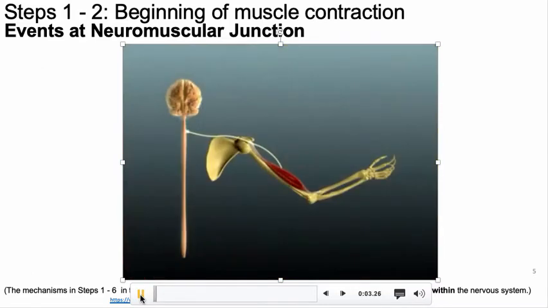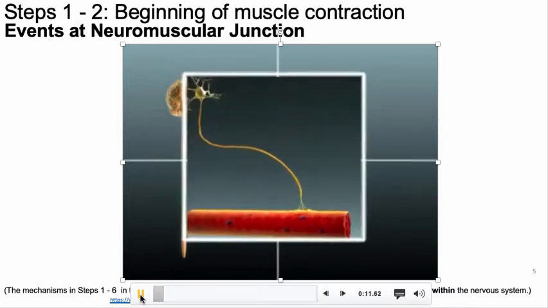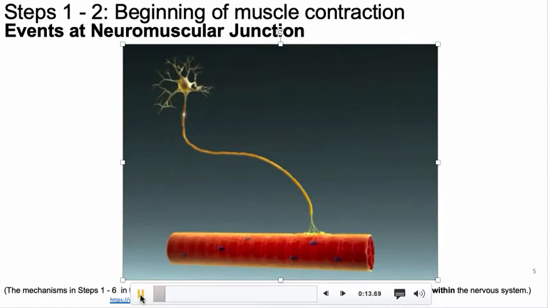Nerve impulses, also known as action potentials, travel from the brain or spine to trigger the contraction of skeletal muscles. An action potential propagates down a motor neuron to a skeletal muscle fiber.